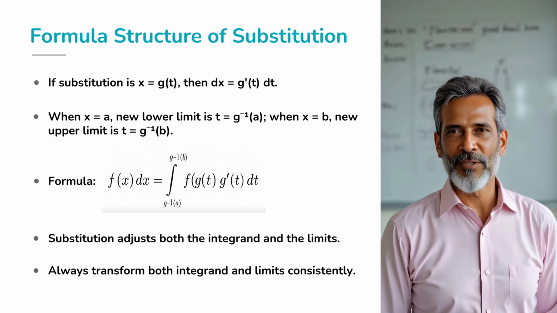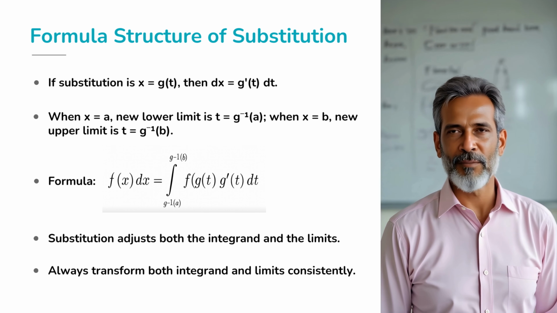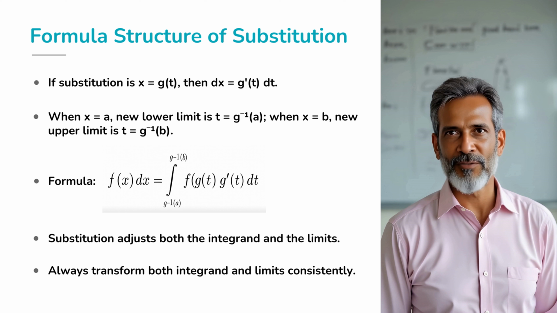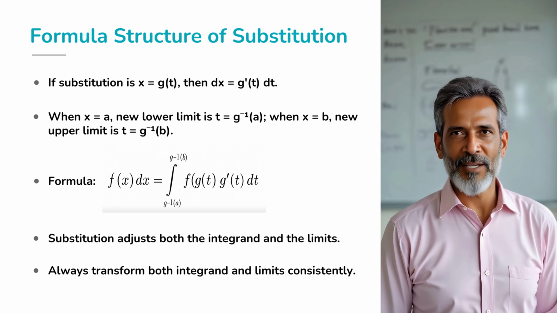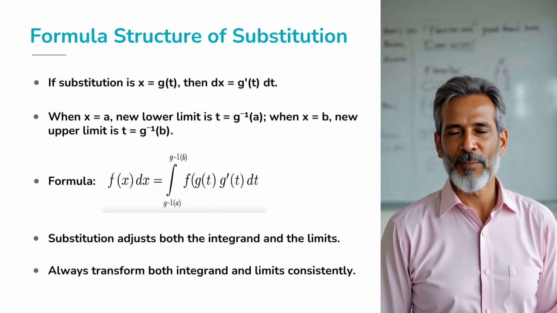Now, let us put the idea into a formula. Suppose we substitute x equals g of t. Then dx equals g dash of t dt. When x equals a, the lower limit becomes t equals g inverse of a. When x equals b, the upper limit becomes t equals g inverse of b.